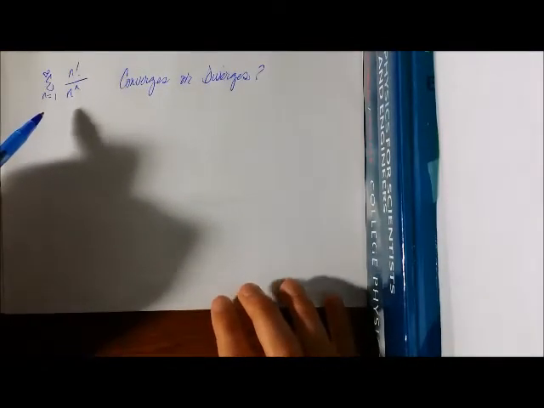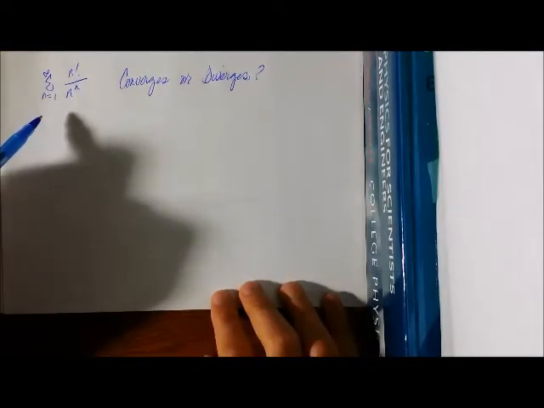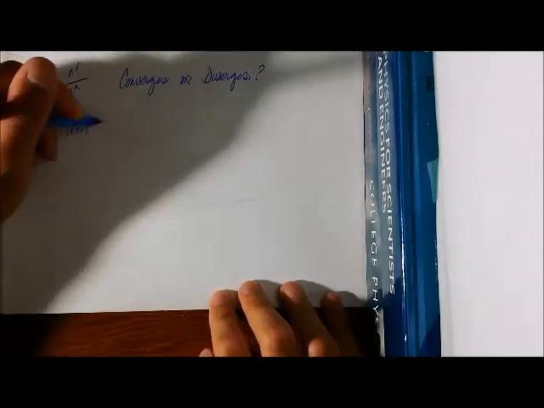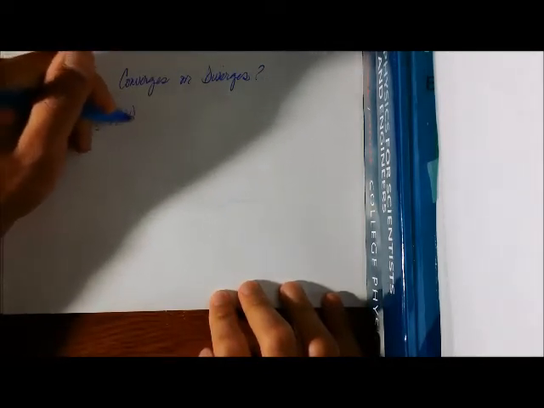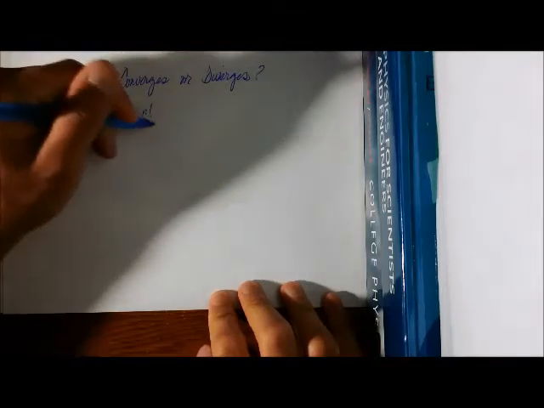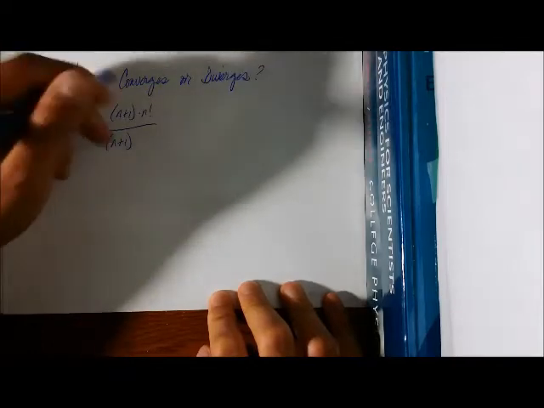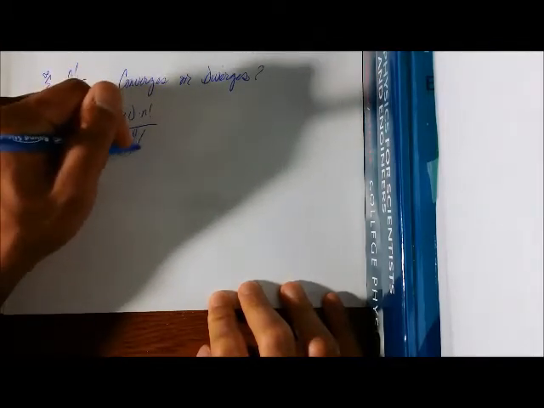This problem seems really complicated, but once you start doing it, it becomes easier. First, write out a of n plus 1 and a of n. A of n plus 1 is n plus 1 times n factorial over n plus 1 raised to the n times n plus 1.